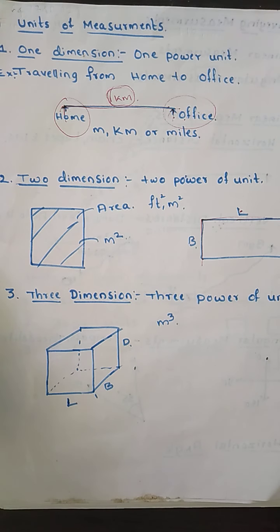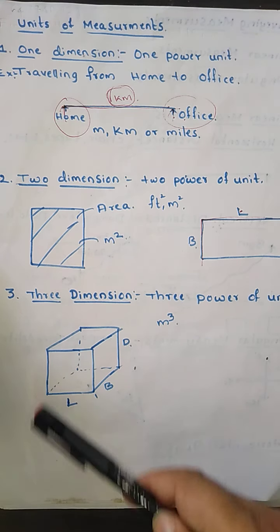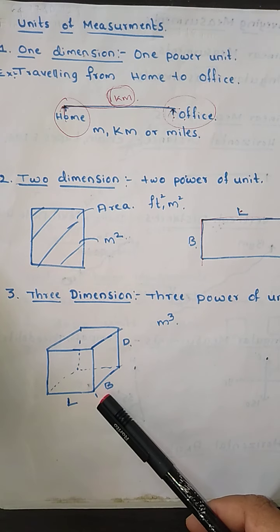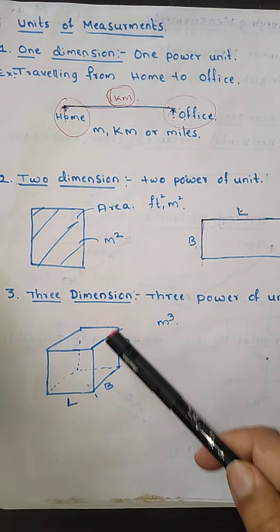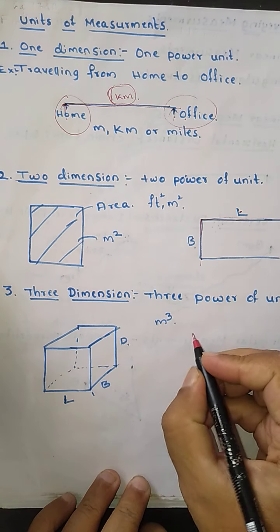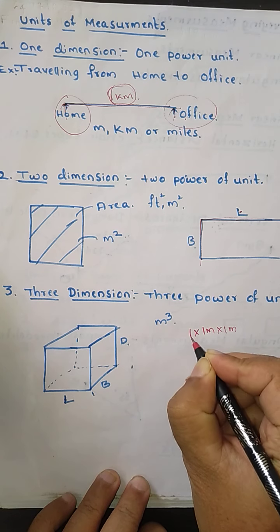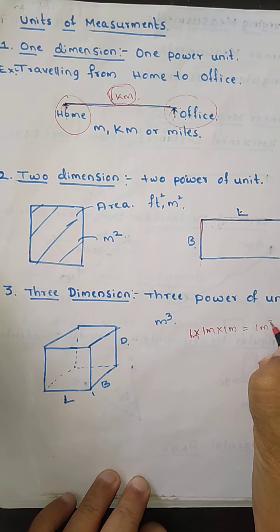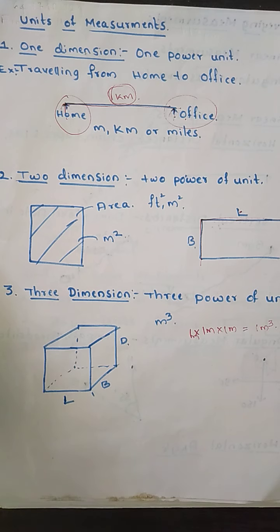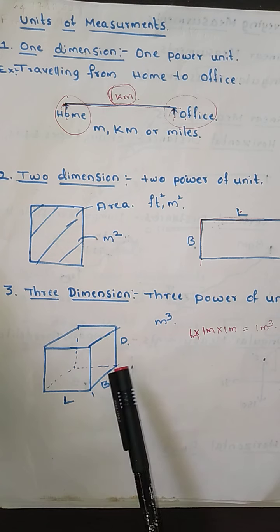Next is the 3-dimension measurement. What is this 3-dimension measurement? It has 3 power of unit. For example, suppose you have a box with length 1 meter, breadth 1 meter and depth 1 meter. How much is the volume? 1 meter by 1 meter by 1 meter, so the volume will be 1 meter cube. If you want to measure any kind of volume, it has a length, breadth and depth.